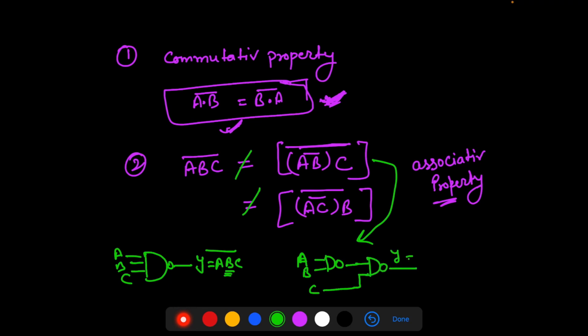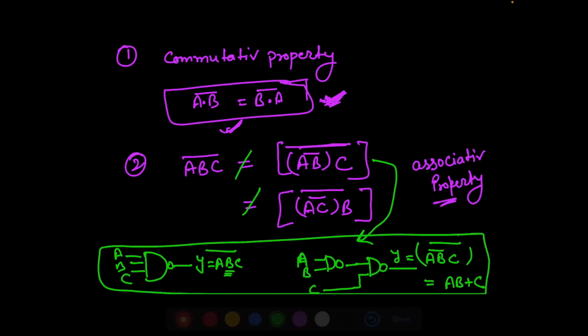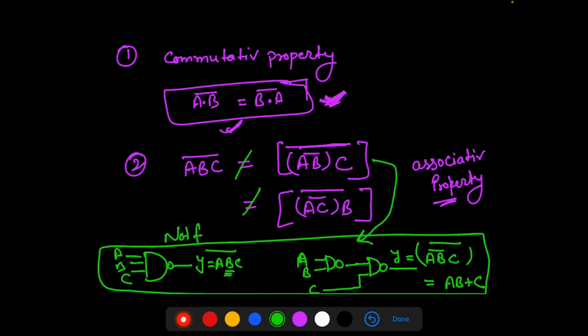Here our output will be (AB bar C) bar. Then this is not equal to A plus B plus C. That means it does not follow the associative property.